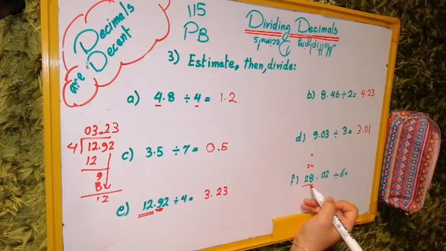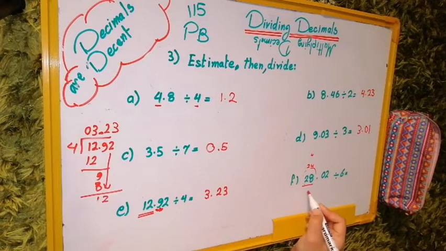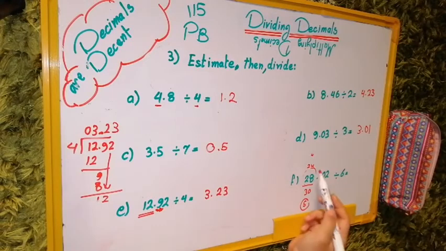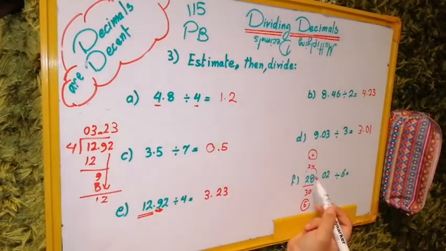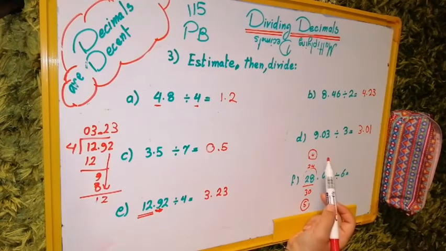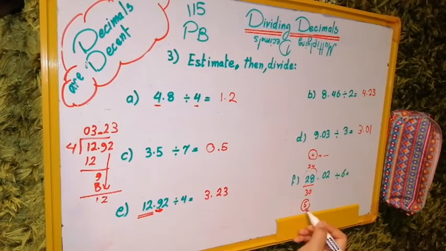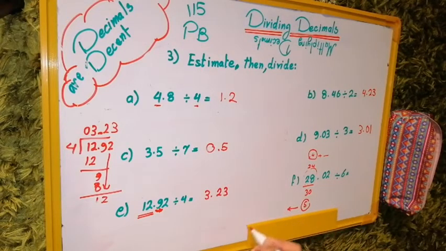And here I can round this to the nearest whole number, and this is going to be 30. So 30 divided by 6 is 5. So here I have 5 and 4. Which is better to do? You can do whatever. I can say it's going to be 4 plus something. It's going to be more than 4. Or I can say it's going to be less than 5. So this is the estimation.